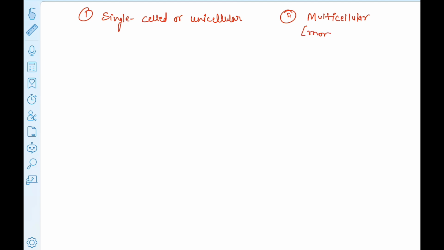Multicellular means having more than one cell. Okay, let's talk about single-celled or unicellular organisms. They do not have any specific organ for taking in food, exchange of gases or removal of waste.